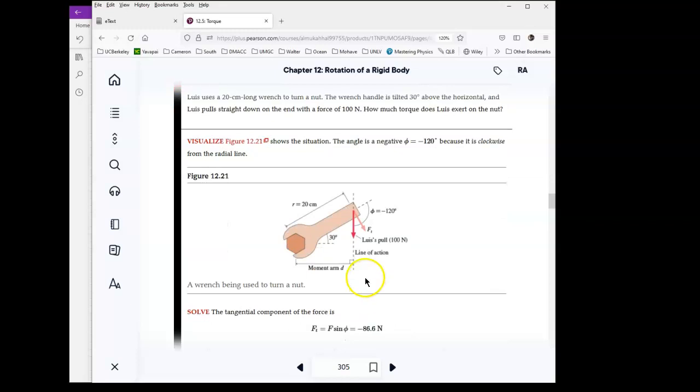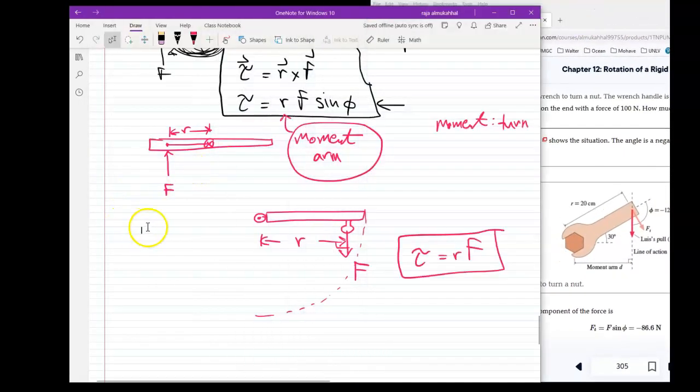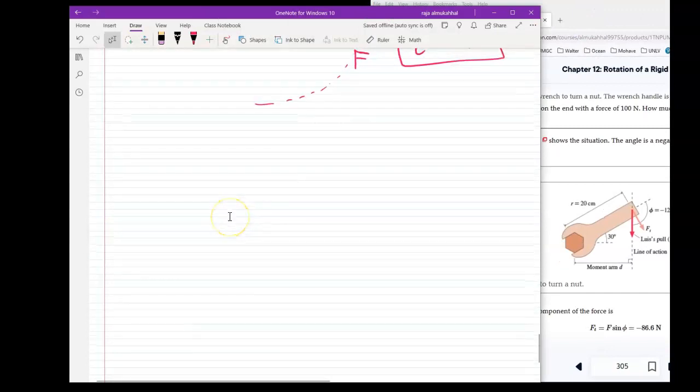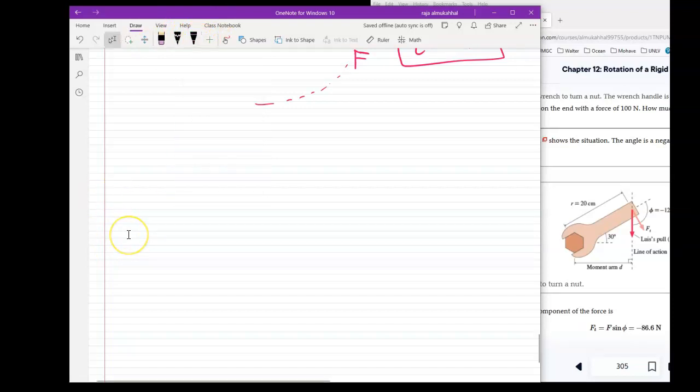Okay, so how do we do this problem? Let me show you. Let me draw the wrench. Here it is.